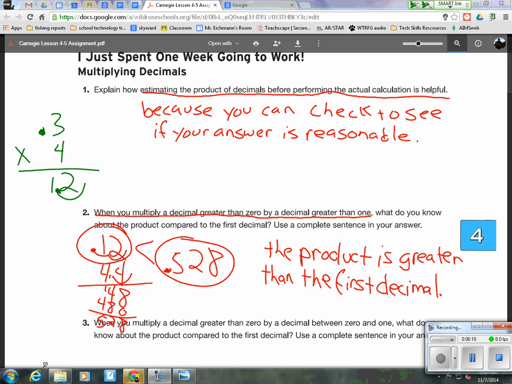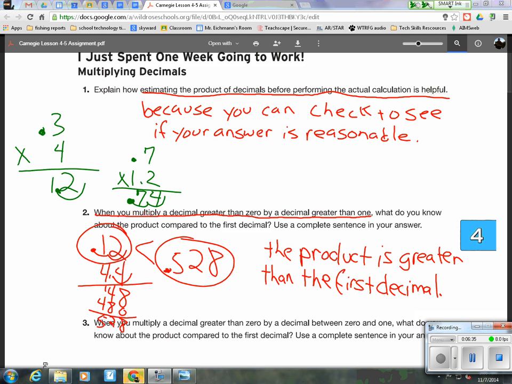Let's just try one more. How about 0.7 times 1.2? 4, and then 7, and we've got to move this decimal to there.